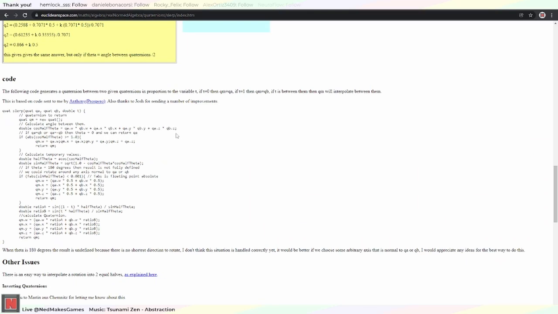Okay, it's basically a quaternion dot product. That is a quaternion dot product. Then if the angle is equal or is greater than 1, okay, then it just sets the return quaternion equal to the input quaternion.